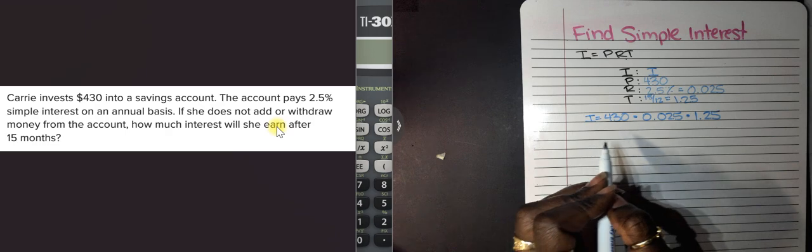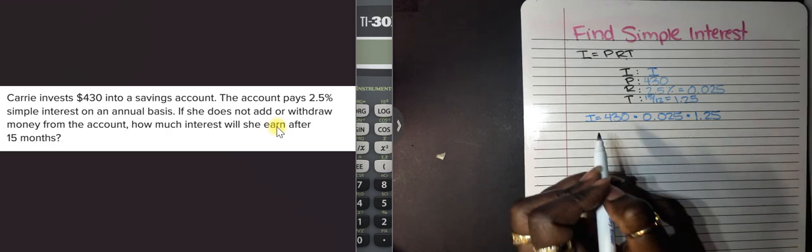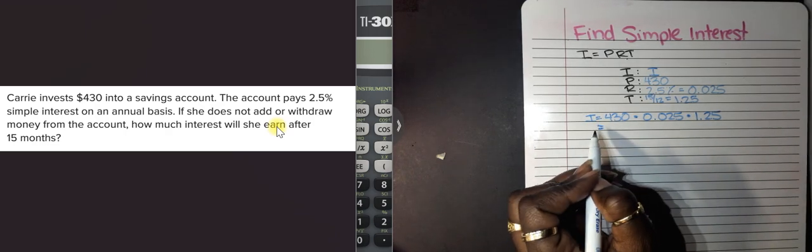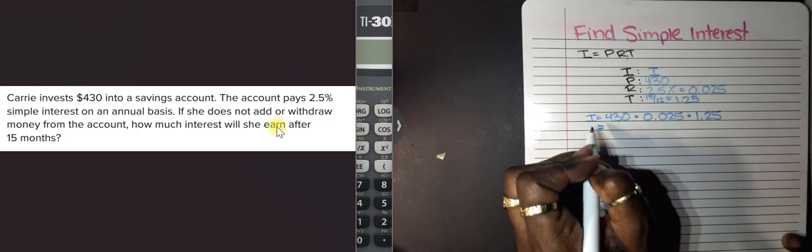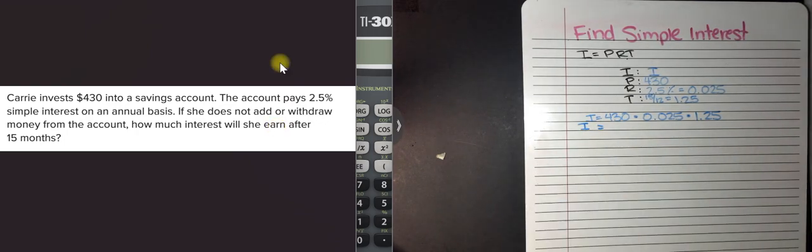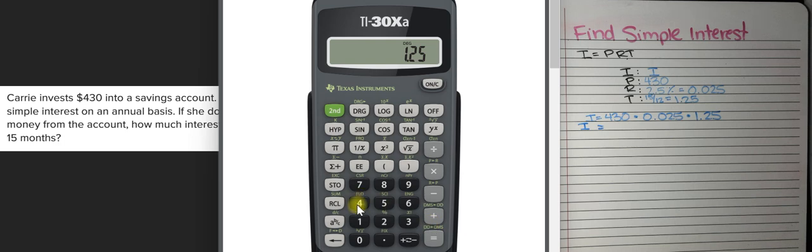Okay, so we multiply all of those three together, and then we should come out with our answer. So I is going to be equal to 430 times 0.025 times 1.25.